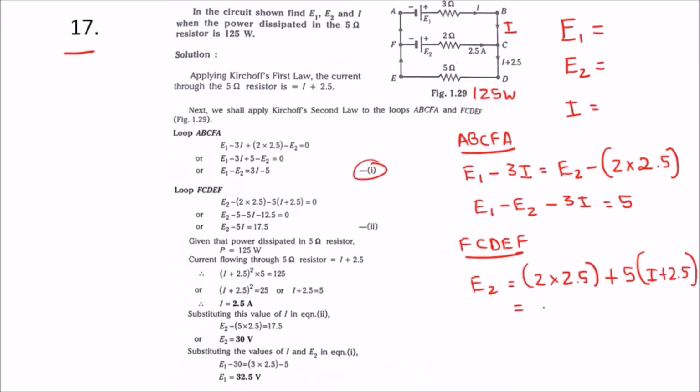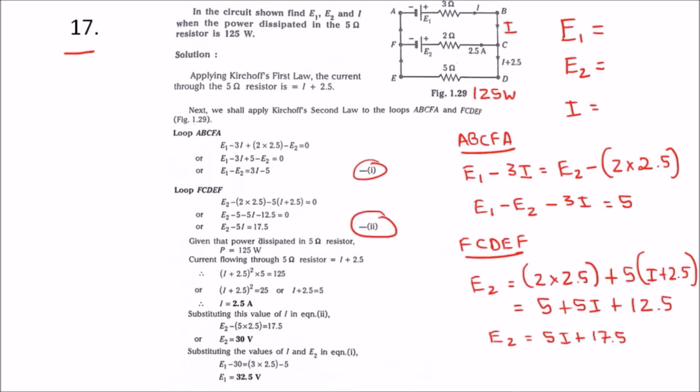When we simplify this, we get 5 plus 5I plus 12.5, and further simplifying, E2 is 5I plus 17.5. So this is our second equation as given here.